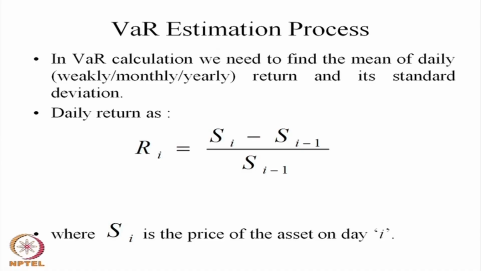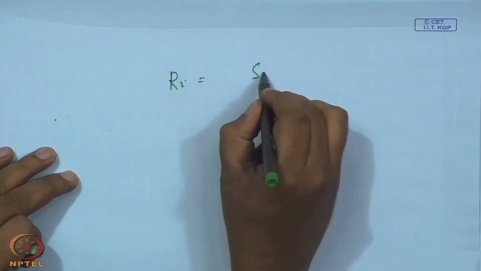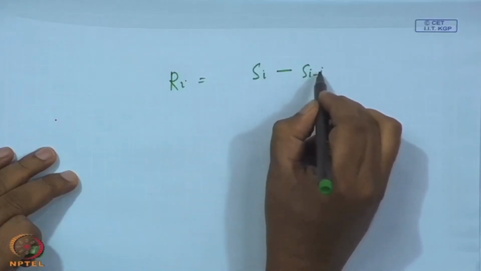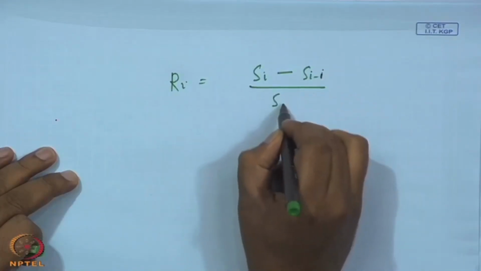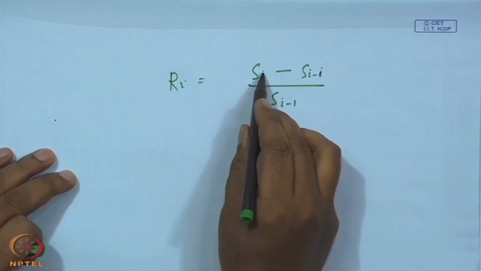So, here S_i is the price of the asset on day i and S_(i-1) is the price on the previous day. The return R_i is equal to (S_i minus S_(i-1)) divided by S_(i-1). What does it mean?